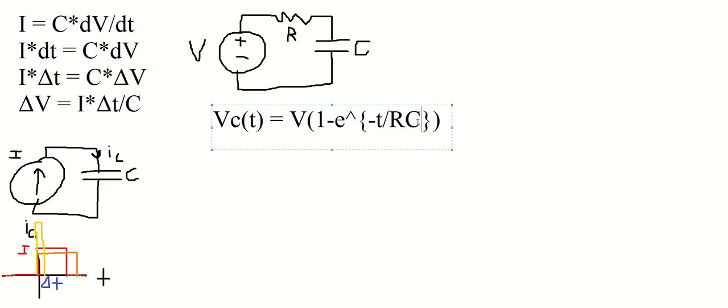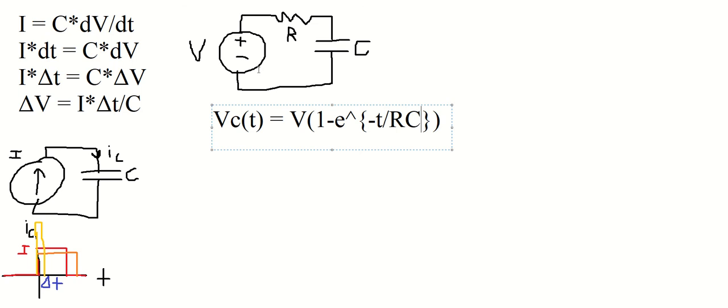We have our time constant RC, we have this decaying exponential in here, and so the capacitor voltage starts off at 0 at time t equals 0, and as t approaches infinity, it gets arbitrarily close to settling at this voltage V, whatever voltage we have across our voltage source.